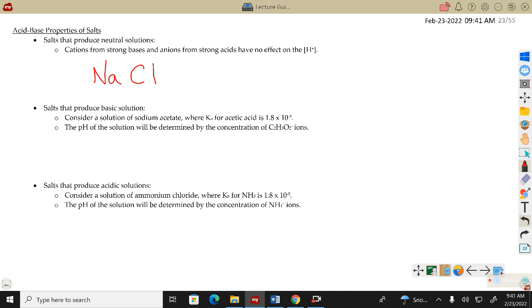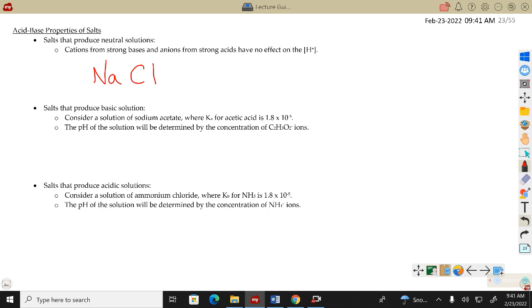Then the second question I ask, could either of those ions remove hydrogen from the solution? Now I'm really concerned more with the negative ion of my salt, so that chlorine ion. Could the chlorine ion react with hydrogen and remove it from the solution?